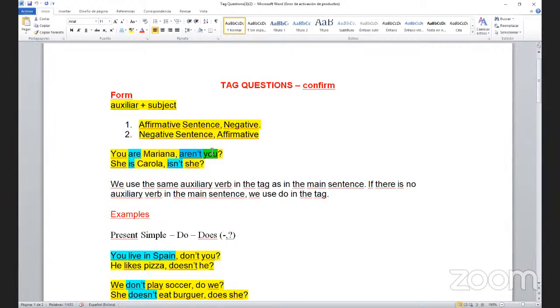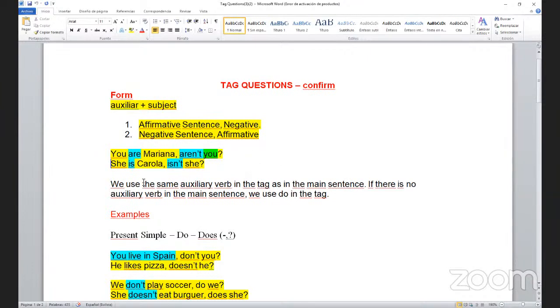And I have to use the same subject as the sentence, in this case, you. You are Mariana, aren't you? Or maybe we can say, she is Carola. My auxiliary is affirmative, so I use the negative: isn't she? So I will use these two words.